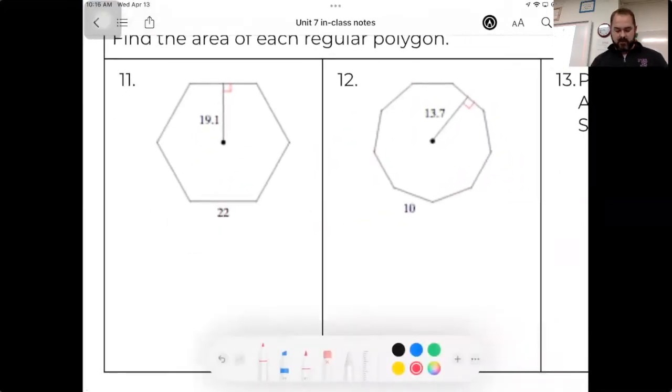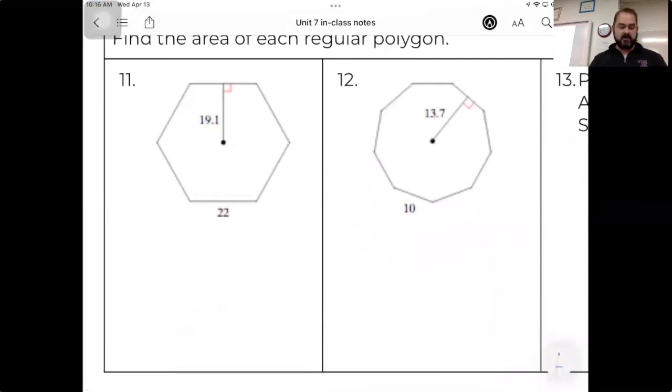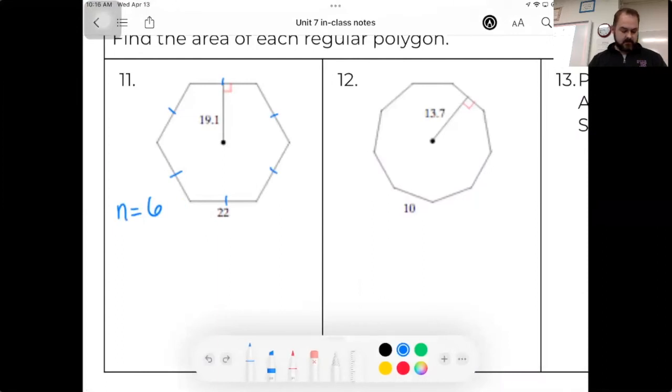In this problem, we need to start with identifying the number of sides, and you can do that by counting. We're going to start with n equals the number of sides. Well, we just count. 1, 2, 3, 4, 5, and 6 makes this a 6-sided polygon or a hexagon. Let me write that somewhere else. Okay, it's a hexagon.